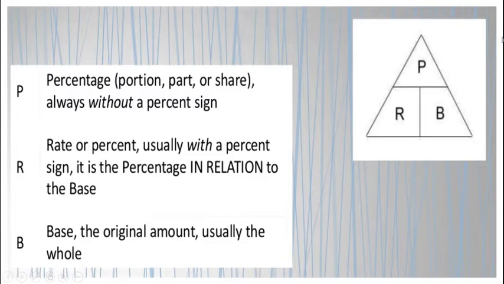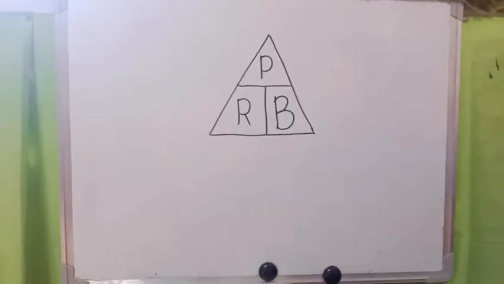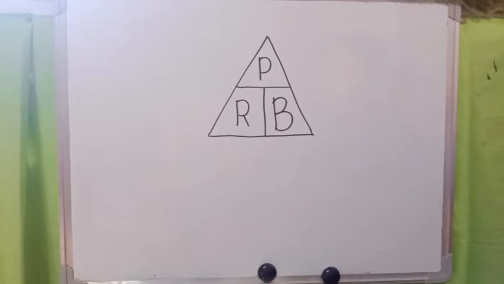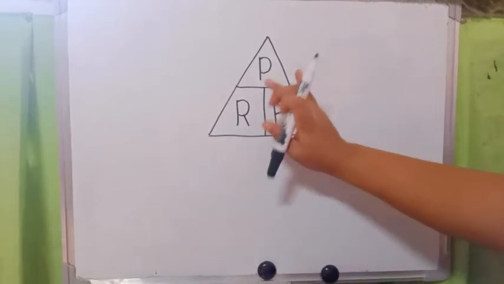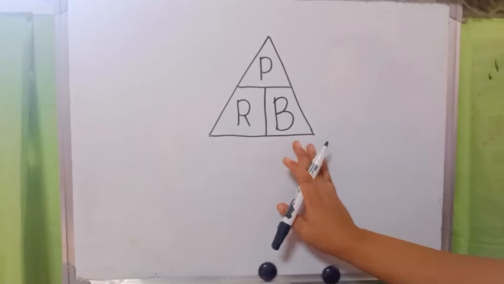This triangular method is the easiest way to remember the formula of our three important things to do today: the percentage, rate, and the base. So let's deduce the formula. Today we will deduce the formula for finding our percentage, rate, and the base.